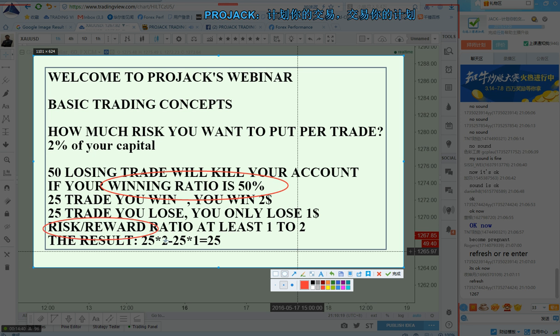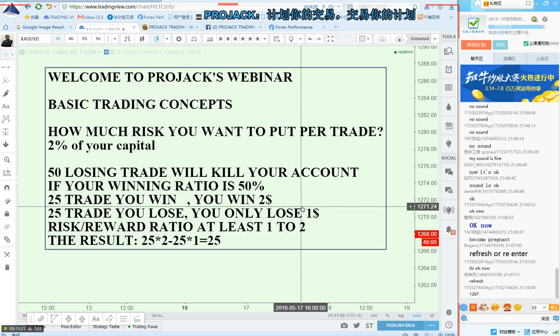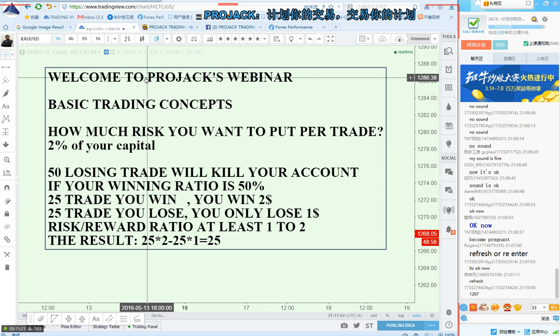The more important part is the risk reward ratio, at least 1 to 2. If you keep doing this over and over, after 50 trades you actually win 25% of your account, correct? And then your account will grow very stable.